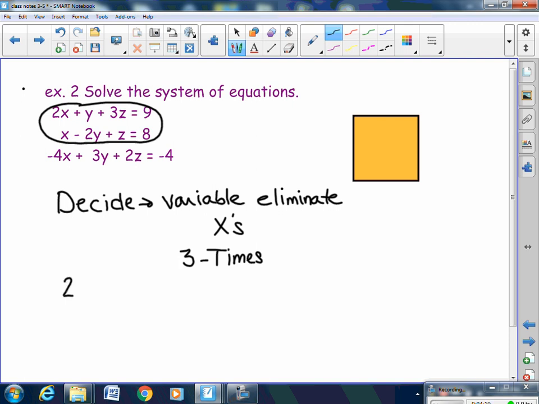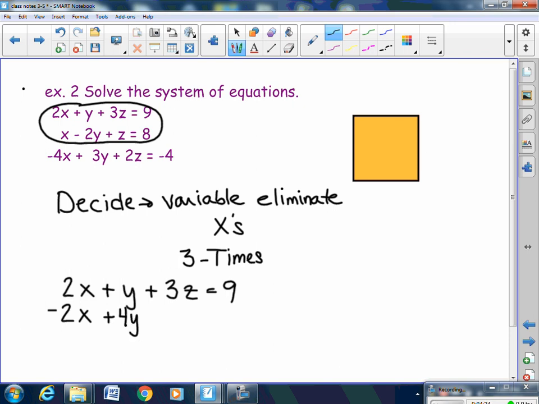I'm going to write down the first one. You see that that's identical to the first one, but the second one, I'm going to multiply all of it by negative 2. The first part is a negative 2x. The middle part turns out to be a positive 4y.